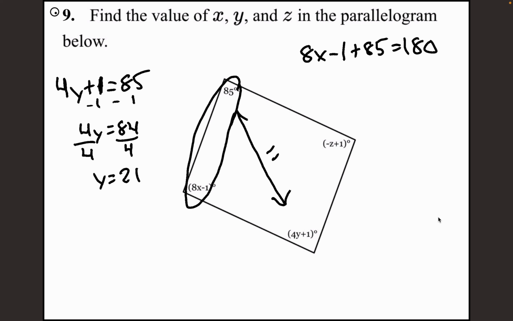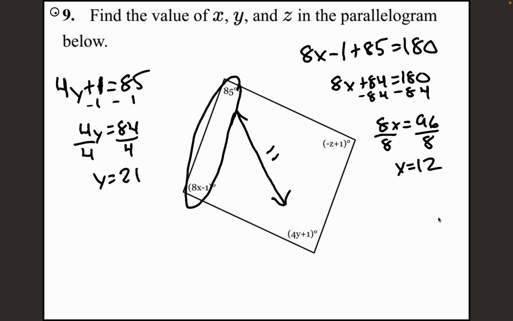So I'm going to combine like terms. I have 8x, negative 1 plus 85, so 8x plus 84 equals 180. I subtract 84. What is 180 minus 84? And then I divide by 8. x equals 12.